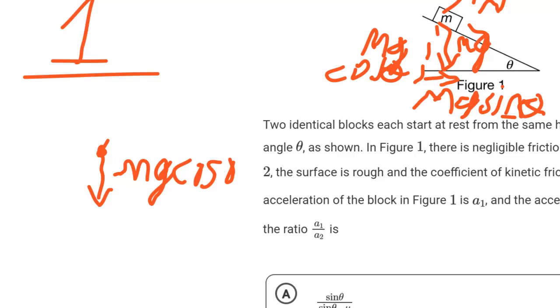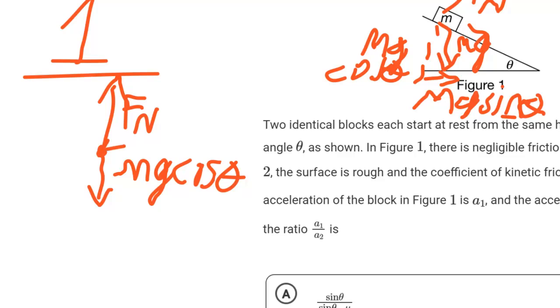Oh, I'm sorry, this pen is not working too well. And then up we have our normal force. Remember that always acts perpendicular.